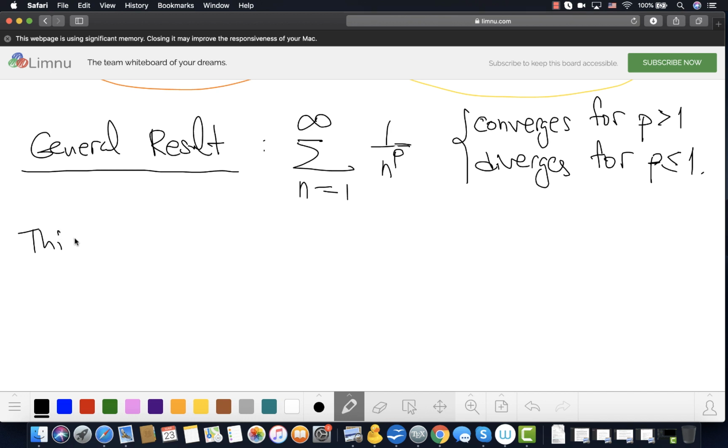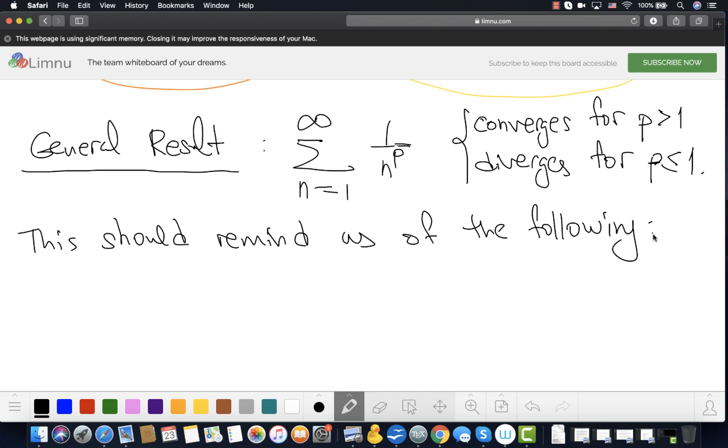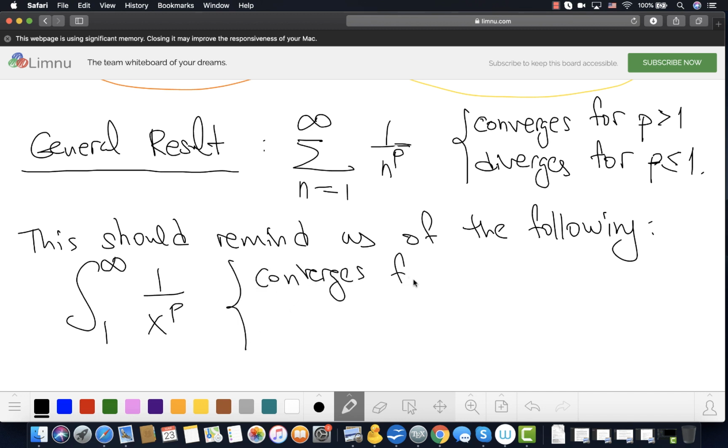Now this result is actually very similar to something you've seen before for integrals. This should remind us of the following result that we have seen before, which is that the integral from 1 to infinity of 1 over x to the p dx converges for p bigger than 1 and diverges for p at most 1.